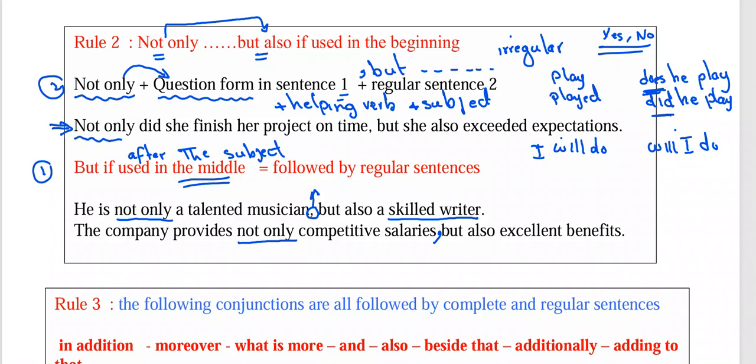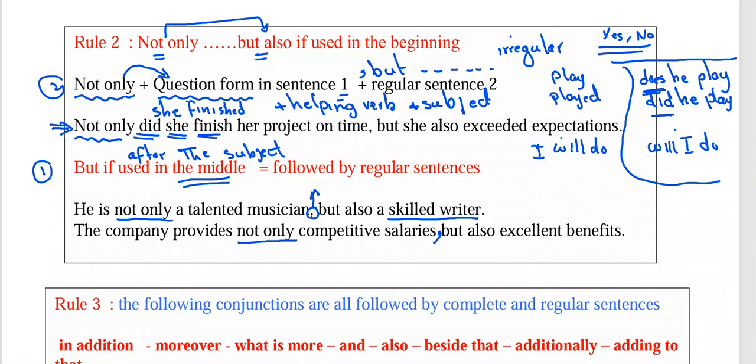Let's read this example. This is the original sentence: she finished. Past simple, but how do we change it to question form? Yes, great. Did she finish her project? In the same way we changed this list.